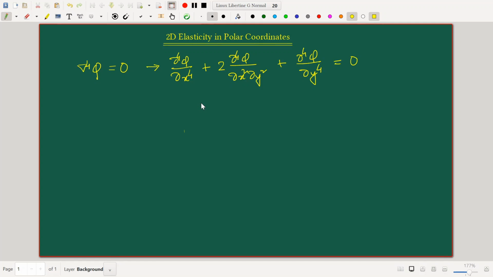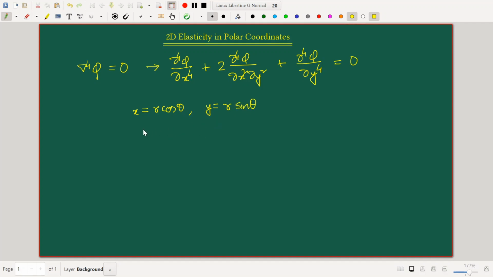Or we could take a shorter route and arrive at the polar version of this biharmonic equation directly from this rectangular Cartesian coordinate version. So all that we have to do is to recognize the very well known relations from our high school days, that x is equal to r cos theta and y is equal to r sin theta.